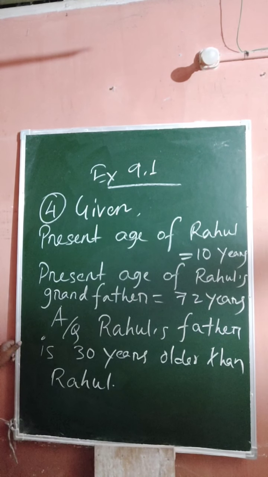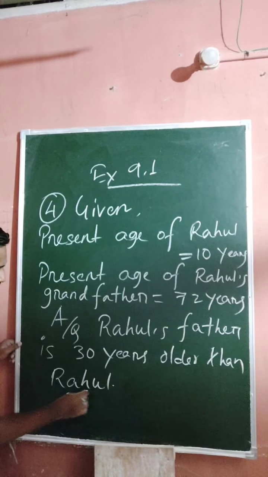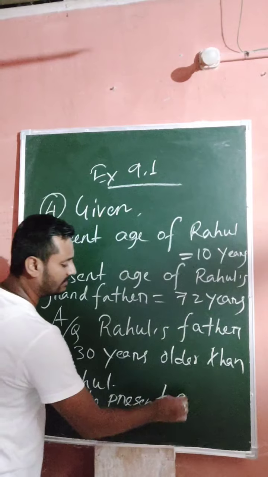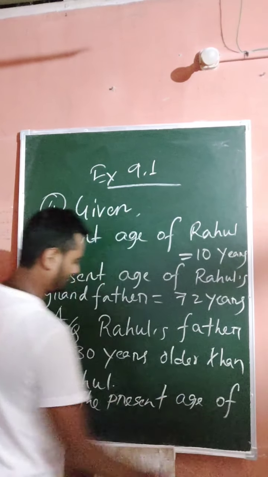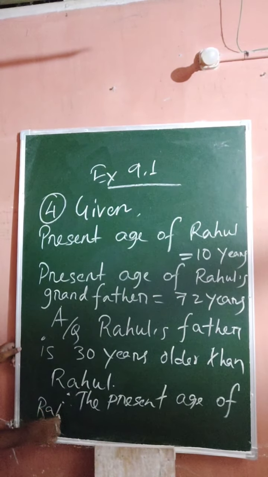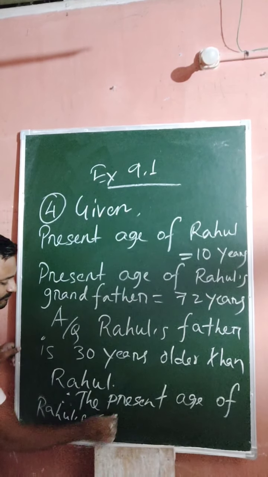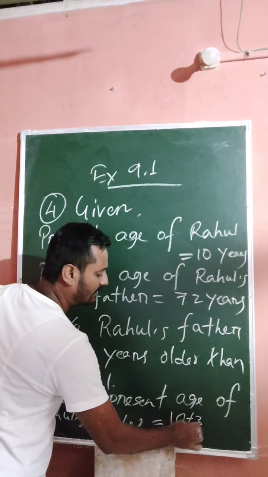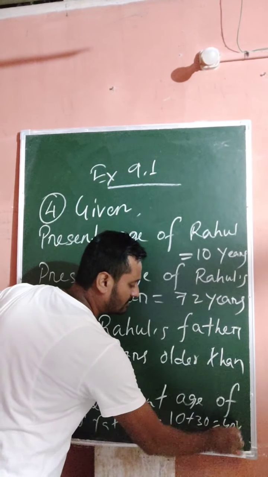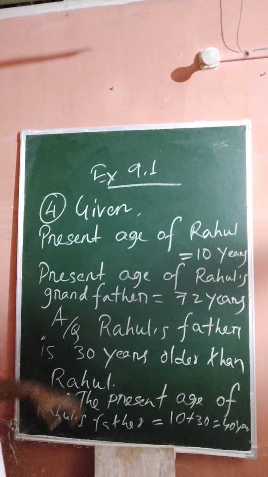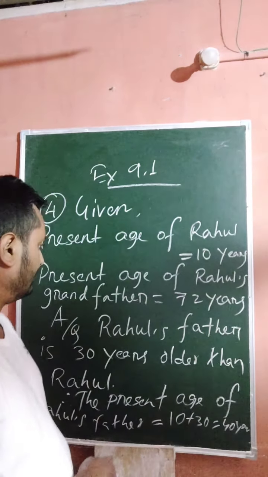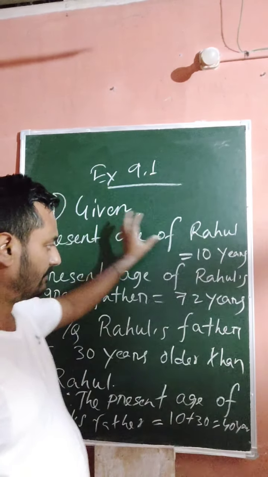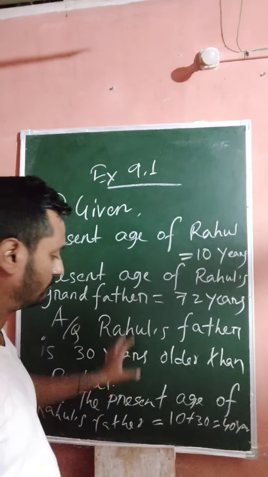Therefore, the present age of Rahul's father will be what? 10 plus 30, that means 40 years. So we have found all the present ages. The present age of Rahul is 10 years, the present age of Rahul's grandfather is 72 years, and the present age of Rahul's father is 40 years.